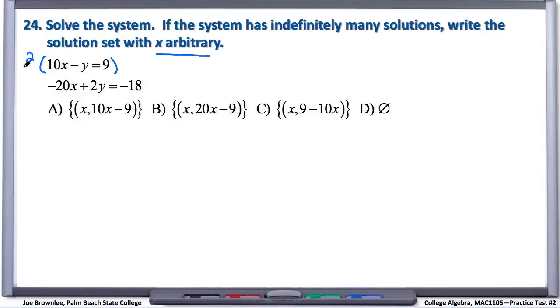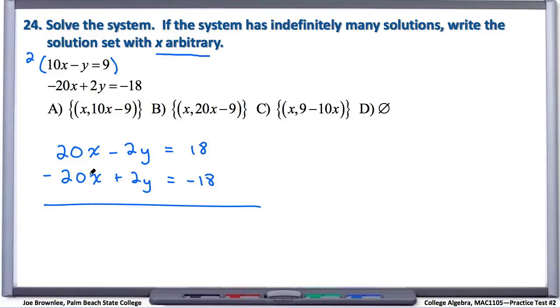And so we'll end with 2 times 10x is 20x, 2 times negative y is minus 2y, 2 times 9 gives us 18. All right, and then I'll rewrite equation 2 right under it. So there we have it.